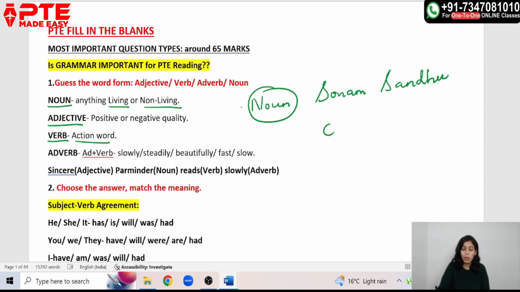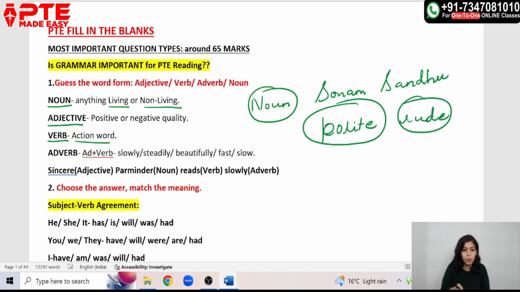And if you like the way I explained, you can say polite educator. So, polite is an adjective, or rude is also an adjective. Whatever you wish to use, you can use. Basically, adjective is something which is telling you something about the noun. It can be a positive thing or negative thing, but it is about a noun.